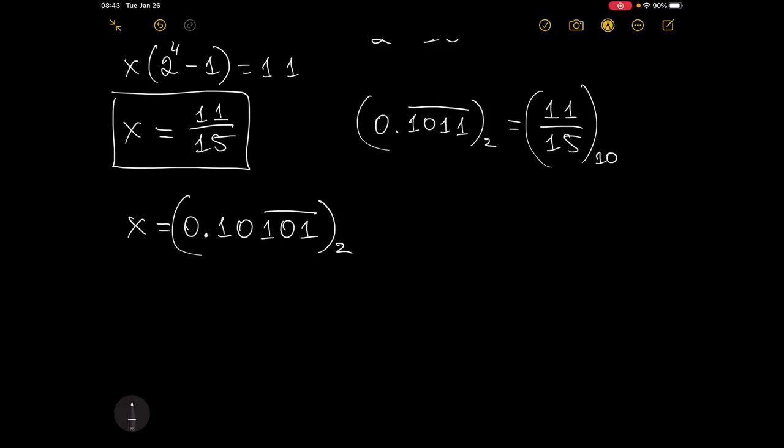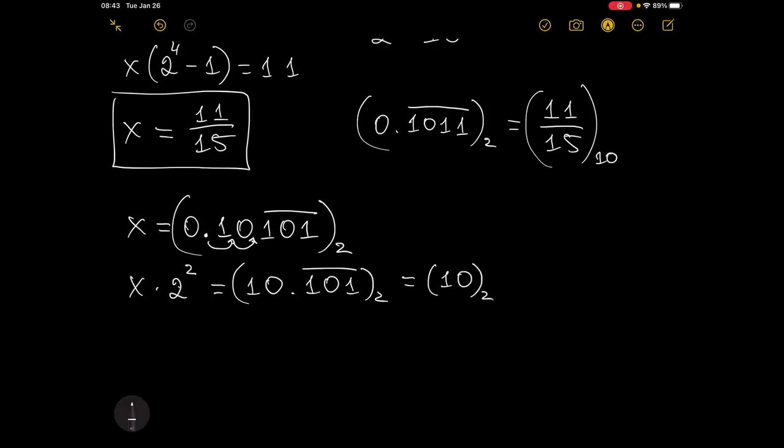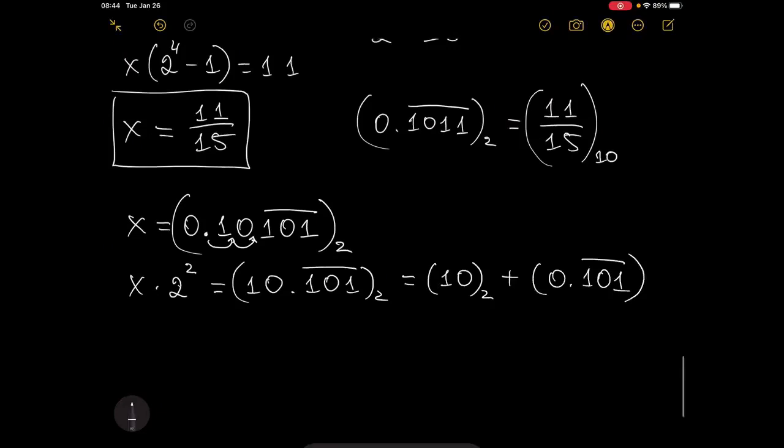You just multiply x, for example, by 2 to the second, which would move the radix 2 positions to the right, and you would get that it's binary, or you can say that this is 1,0 binary plus, let us call this z, and this is nothing else but 2, right?